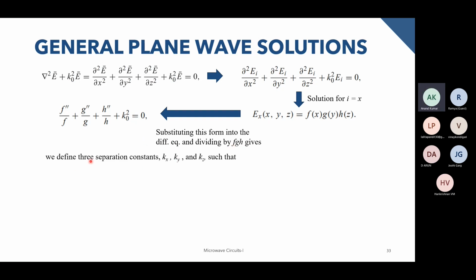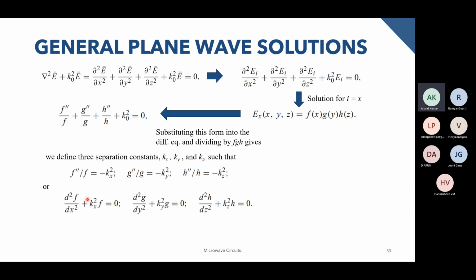Now, to solve this particular equation, we'll take the individual fractions and assign them to some constants, and these constants we are choosing as kx, ky, and kz. So f double dash by f will be equal to minus kx square, g double dash by g will be equal to minus ky square, and h double dash by h will be equal to minus kz square.